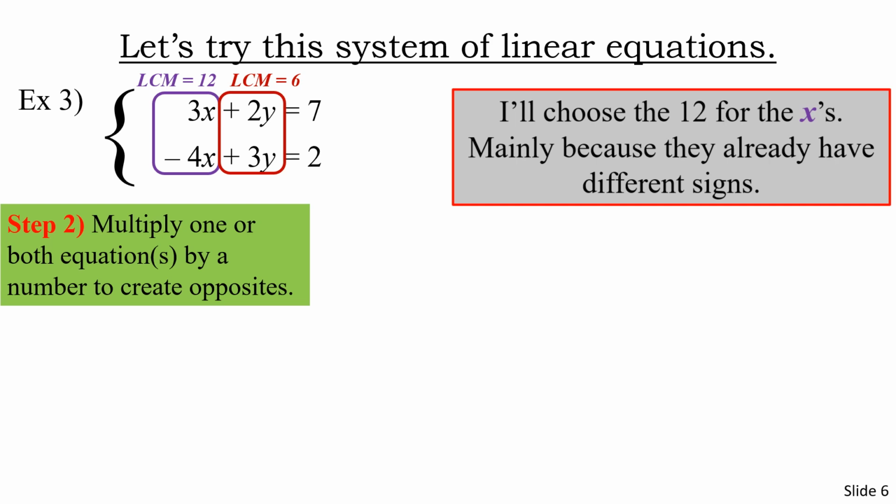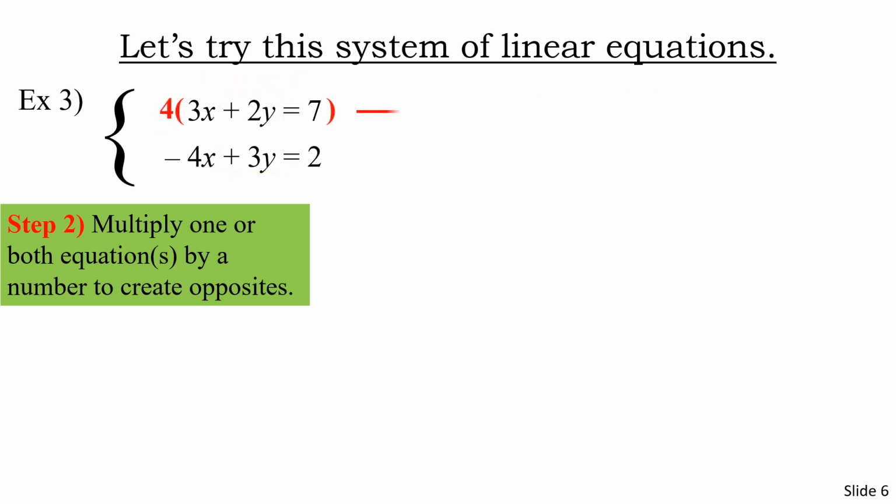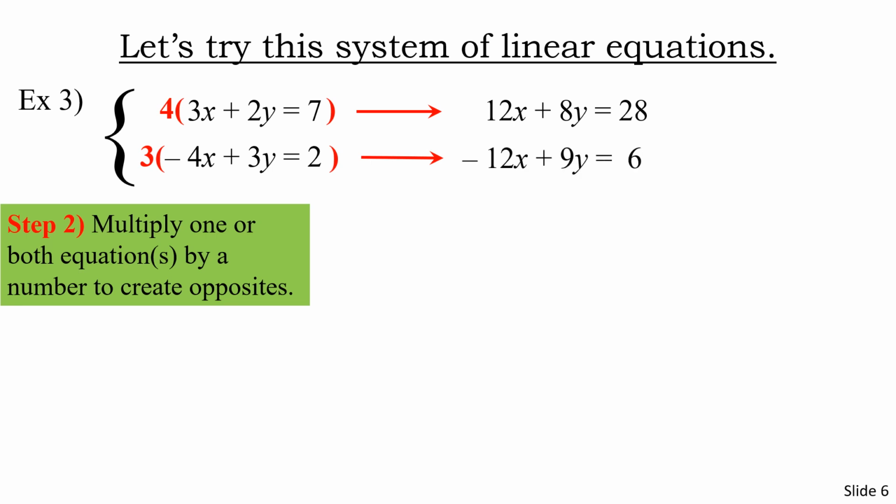Normally we would go for the smaller number just because it makes the math easier. But in this case, since the x's already have different signs, I don't have to insert a negative to multiply. So I multiply the top equation by 4 and the bottom equation by 3 to create my opposites in the x's.